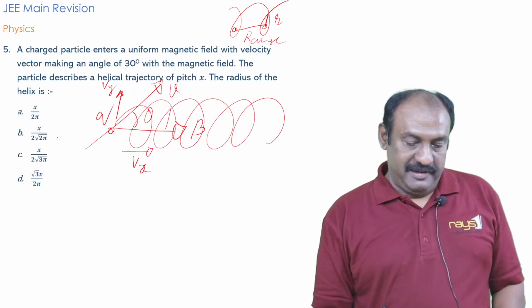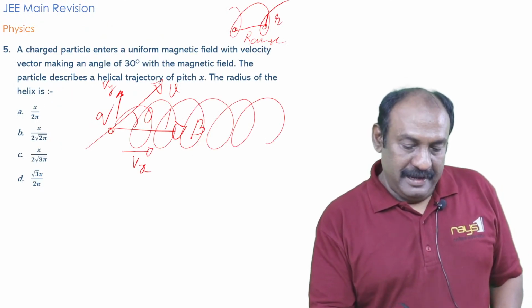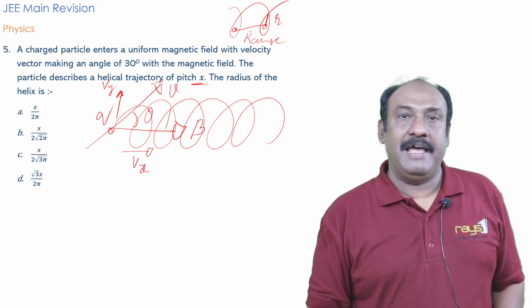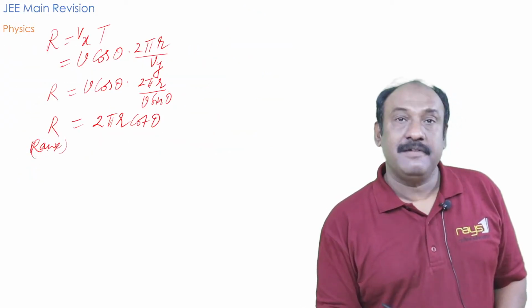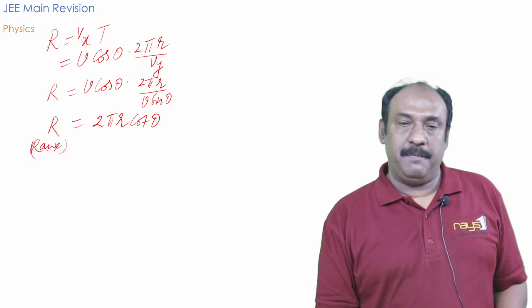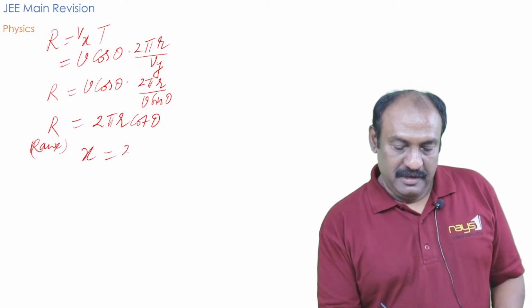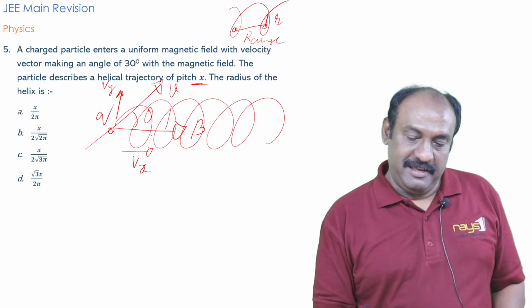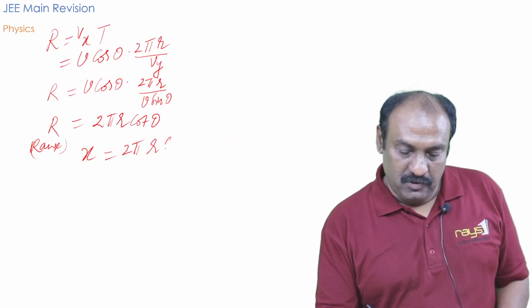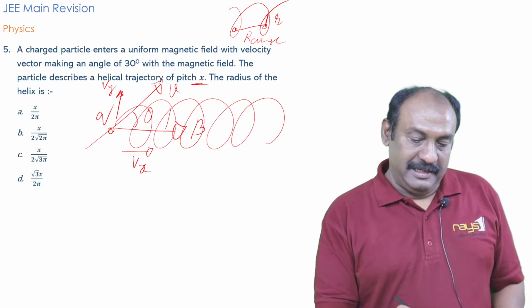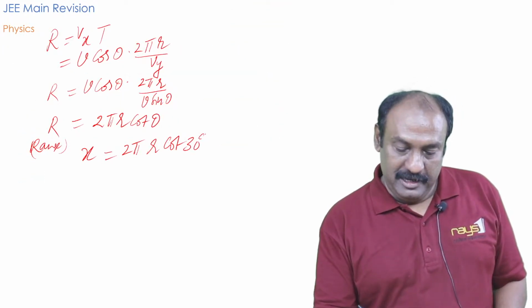So what do we want here? The helical trajectory has pitch x. This is not a radius, it is the range. It is also called the pitch of the helical path, given as x equal to 2 pi r cot theta, where r is the radius of the helix that we have to calculate. What is the theta value? 30 degrees, cot 30 degrees.